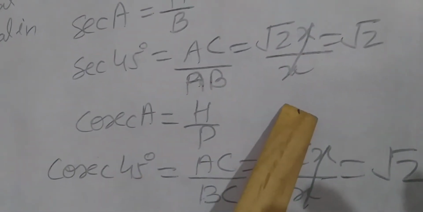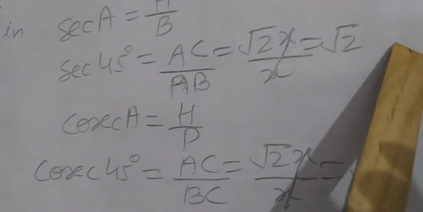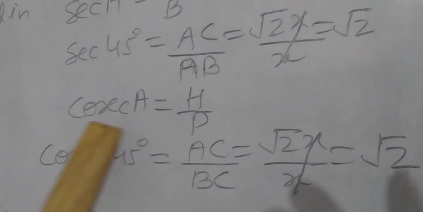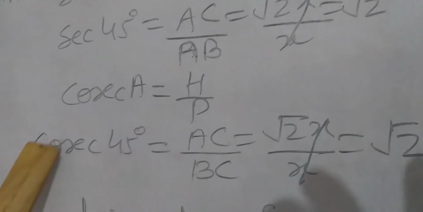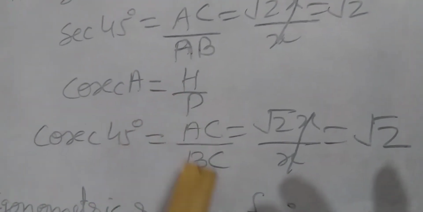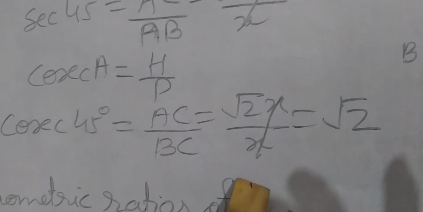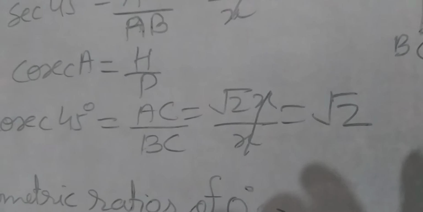So AC value is root 2 x, AB is also x. The x's cancel. So sec 45 is equal to root 2. Cosec A equals H upon P. Cosec 45: hypotenuse AC, perpendicular BC. AC is root 2 x upon x, the x's cancel, equal to root 2.